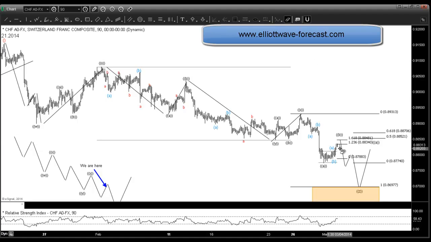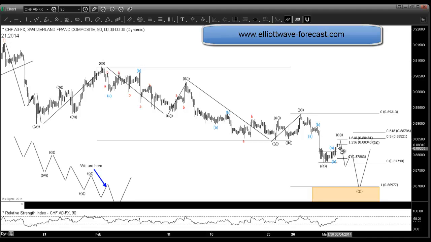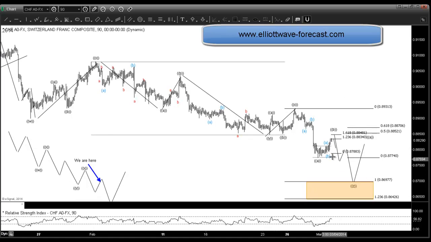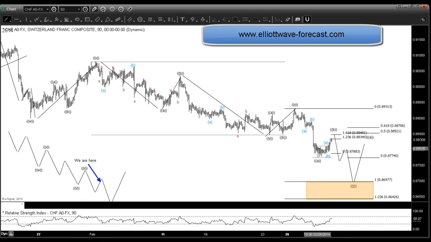So we have 3 swings in place, which means a decline can resume from current levels to 88.52 or even 88.70, and then go to new lows towards 86.42 to 86.97, or we can see a three-wave pullback from here and again test the 61.8 fib retracement like this, and then turn lower in three waves.